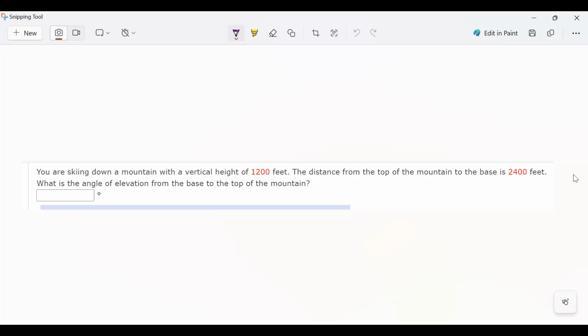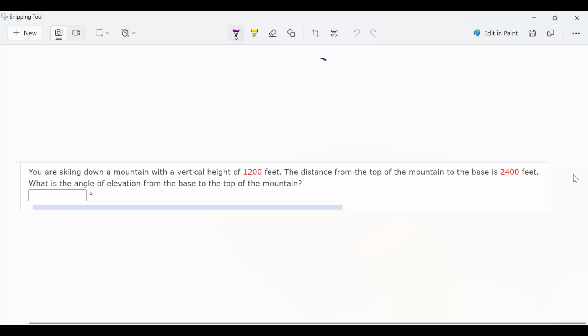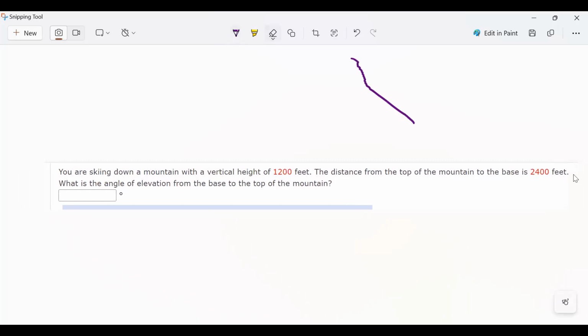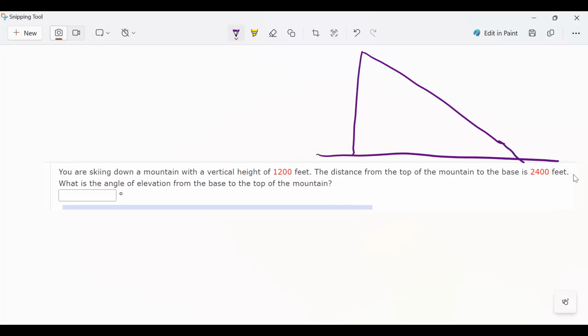All right, so you're going to draw a graph. This is the top of the mountain, right? This height is 1,200 feet above the ground. The mountain is perpendicular to the ground, so this vertical height is 1,200 feet.